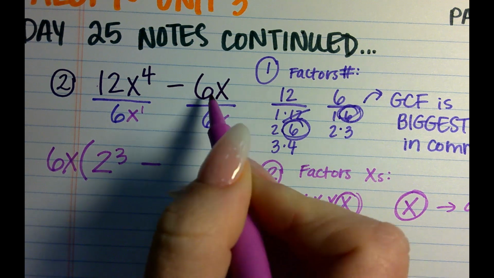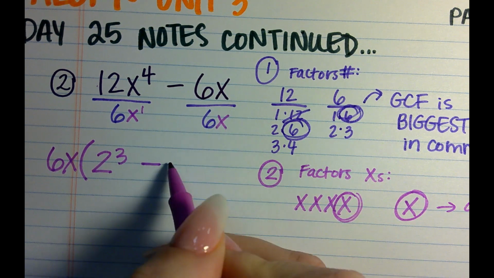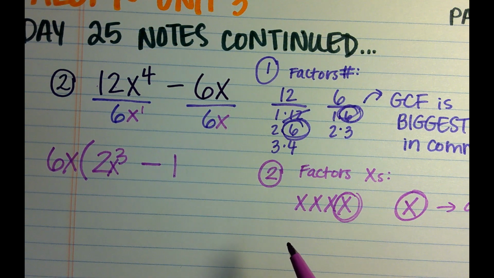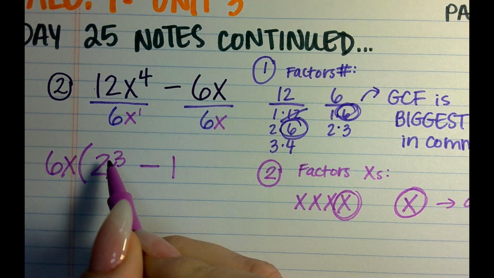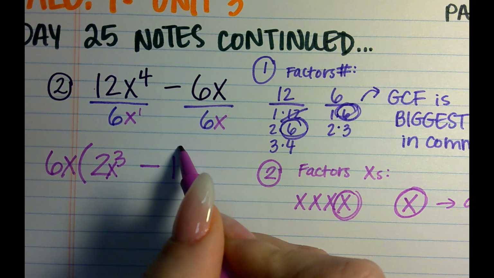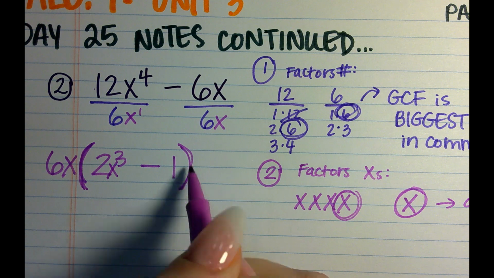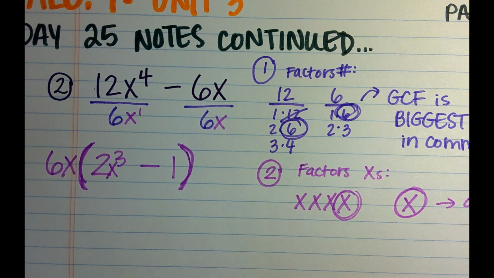Bring down my minus. 6x over 6x is 1. Oops, I missed my x. You cannot forget your x's, guys. That's something you'll get points taken off for, and I just did. My bad. I'm going to blame it on the hallway noise.